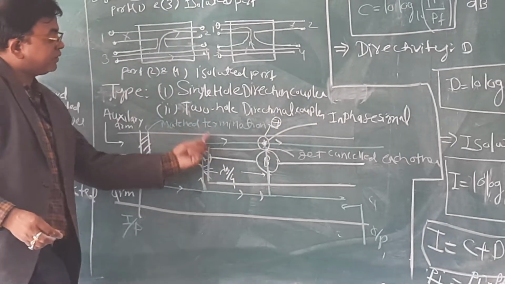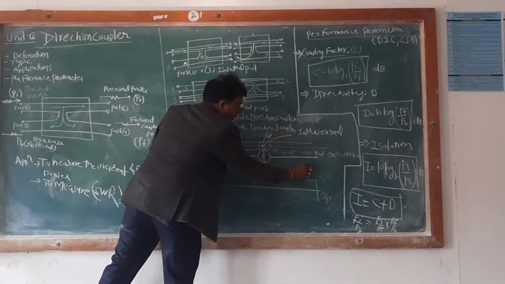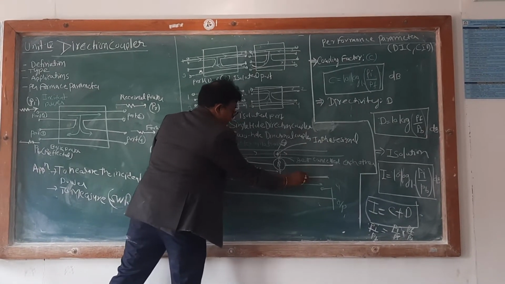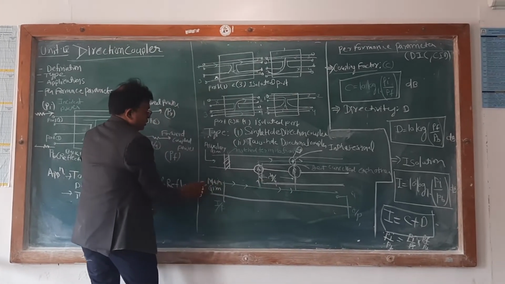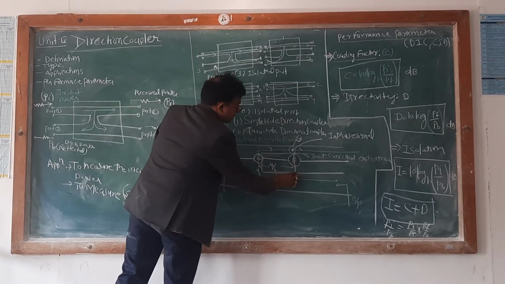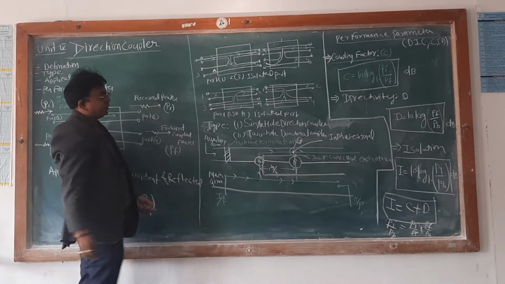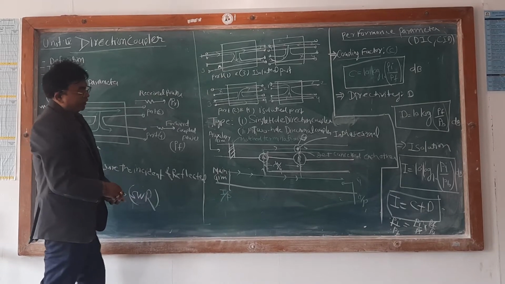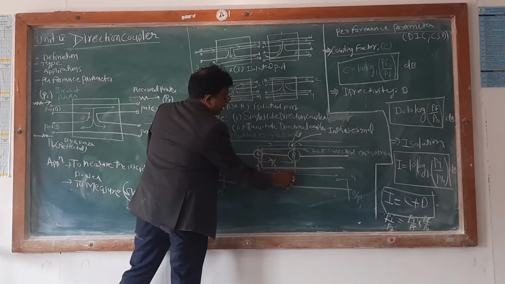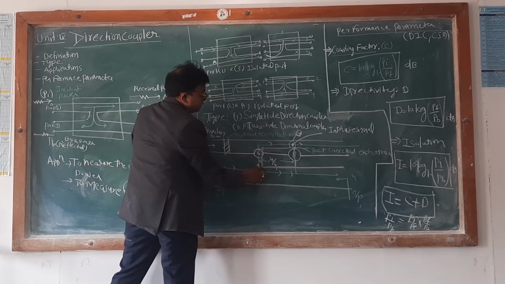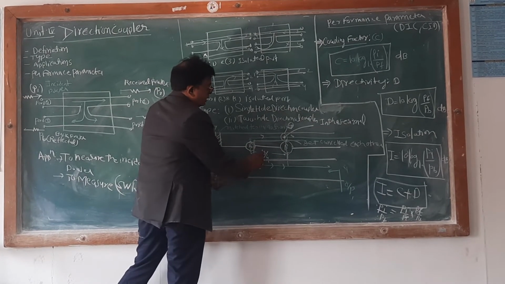Now if a small amount of power is transmitting from port 4 toward port 3, some power is going to escape from gate B and some from gate A. Here it travels lambda g by 4 plus lambda g by 4, so totally it becomes lambda g by 2.